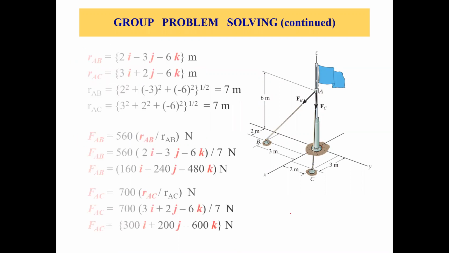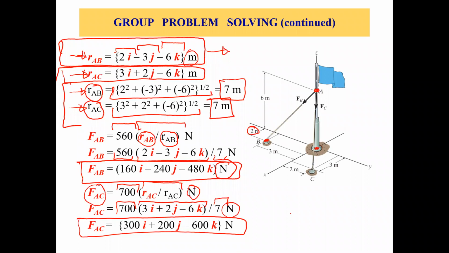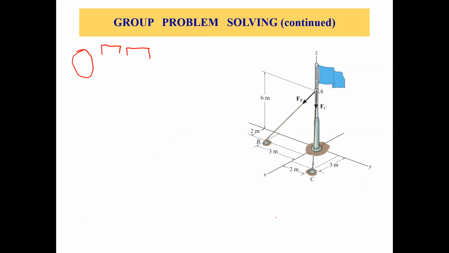Just add the i, j, and k components of FAB and FAC. For FAB, 160i, for FAC, 300i, so 160i plus 300i. Then negative 240j plus 200j. Then negative 480k, negative 600k. Just add these three components and you'll get 460i, negative 40j, negative 1080k.